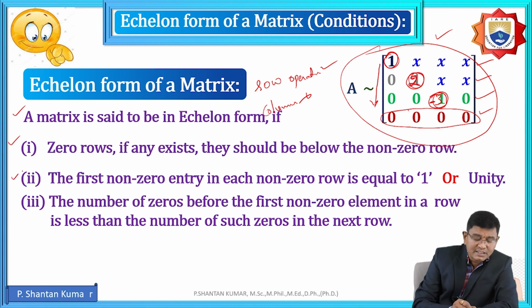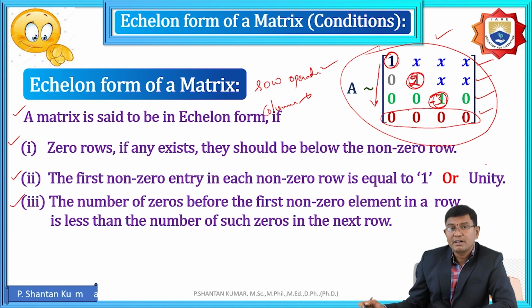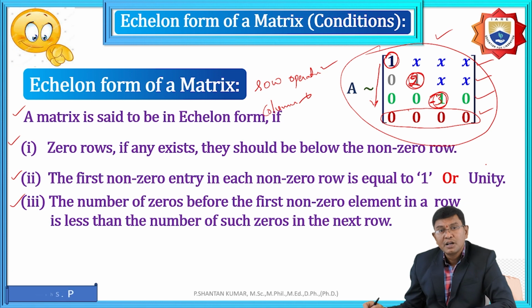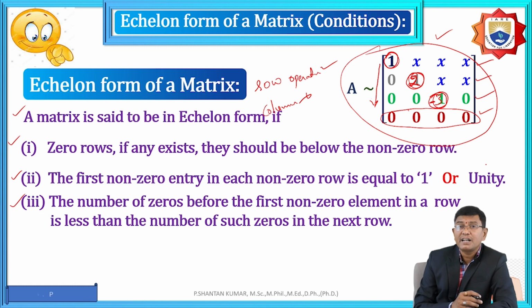Sometimes the second condition is optional, not compulsory, not mandatory. We need to remember these three conditions. One: by applying row operations on any given matrix, if we get 0 rows, we put them in the bottom. Two: the first non-zero element should be either 1 or unity.